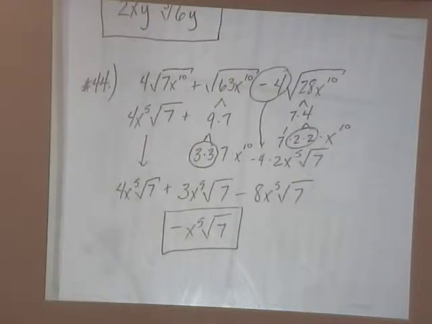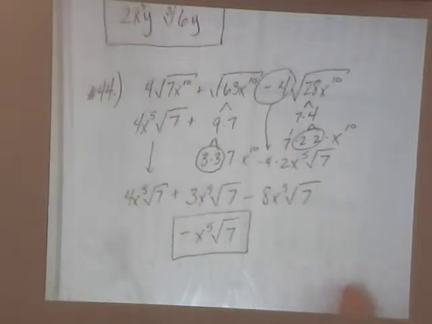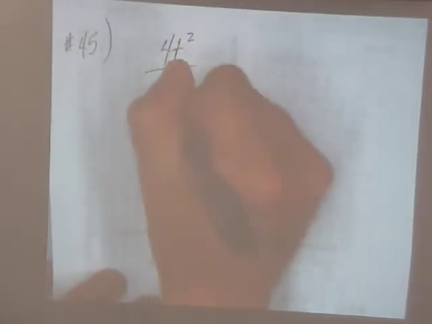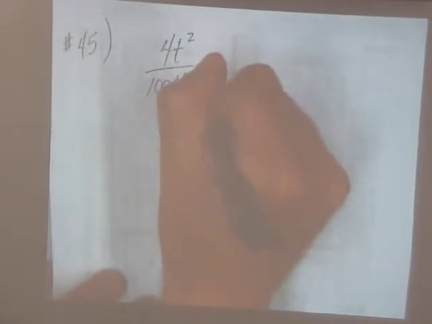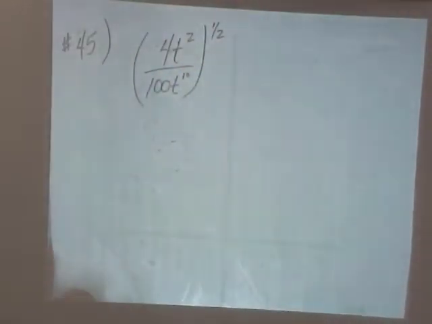45. All right, 45. Simplify 4t squared over 100t to the 10th power, all to the 1/2 power. Basically that's square root, right? Raised to the 1/2 power.